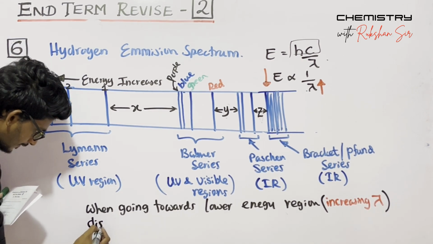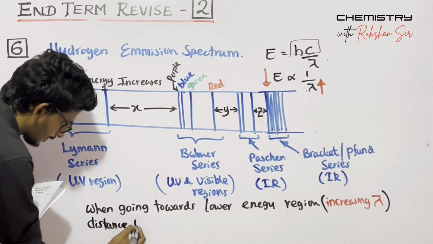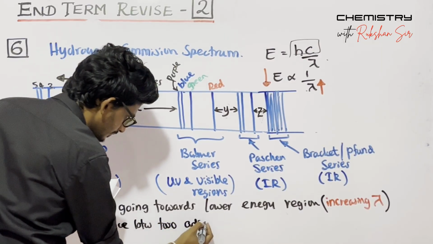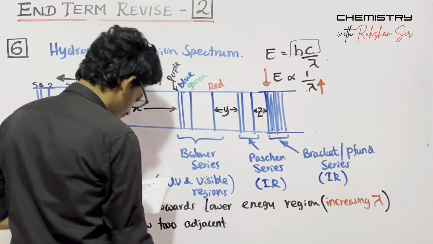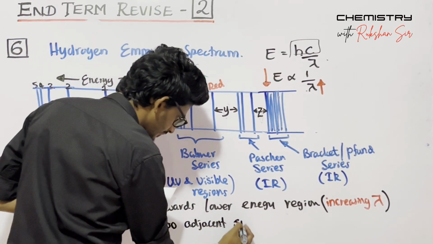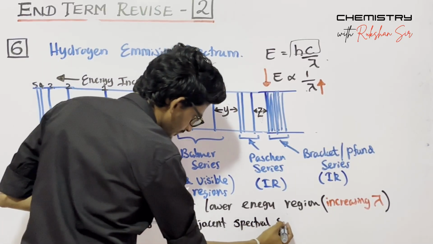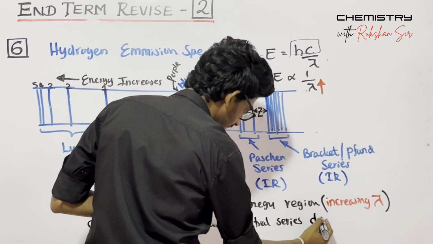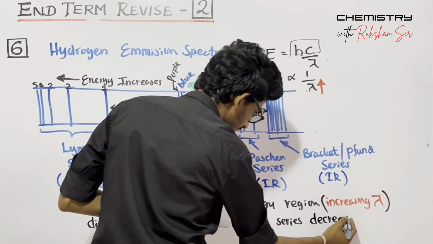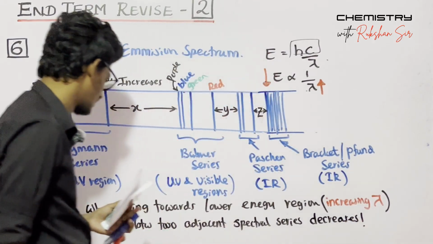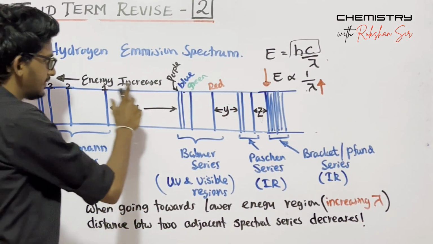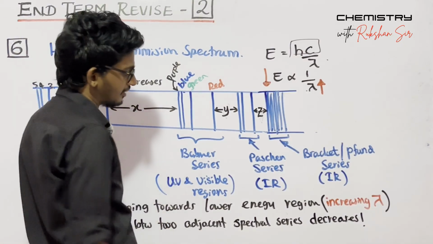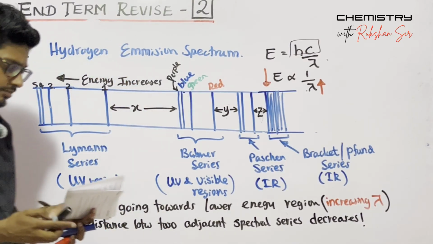Distance between two adjacent spectral series decreases. So when going towards lower energy region, that means increasing lambda, increasing wavelength, the distance between two adjacent spectral series decreases. So the statement is true.